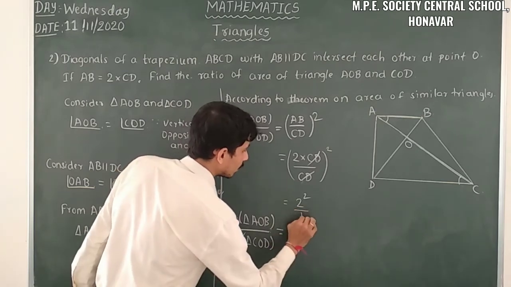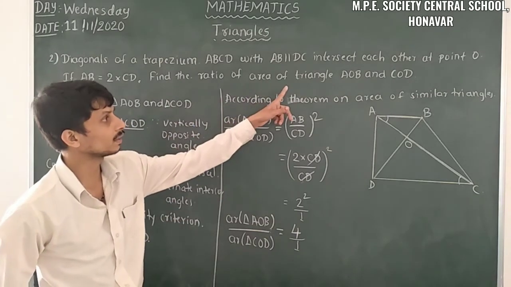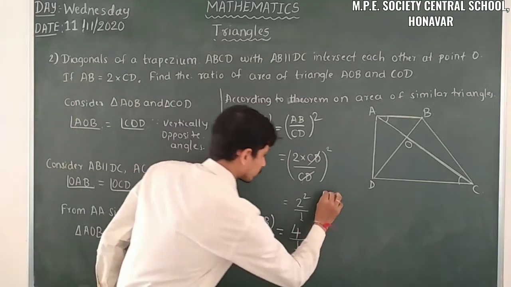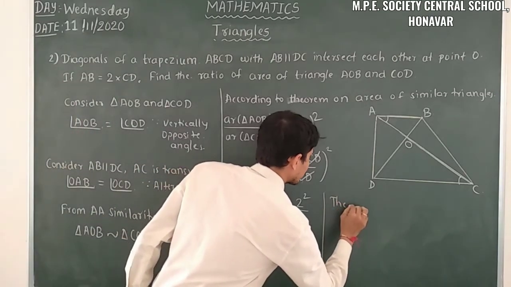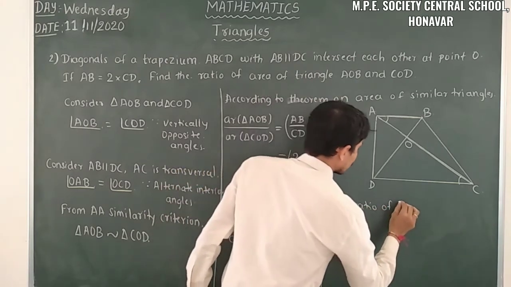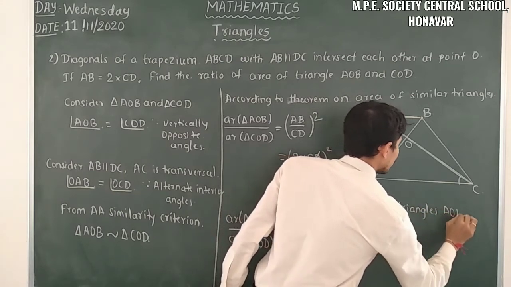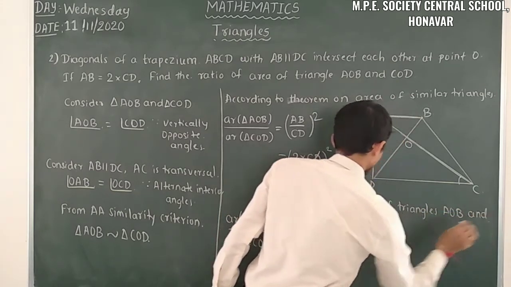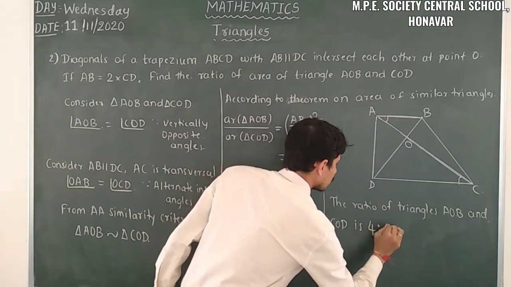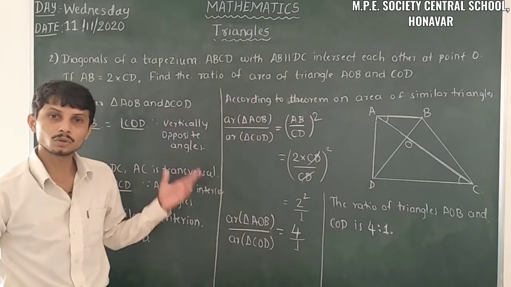So the ratio of the areas of triangles AOB and COD is 4:1.